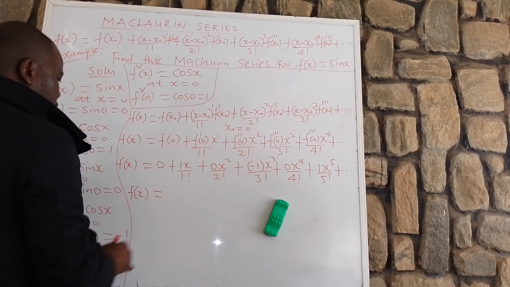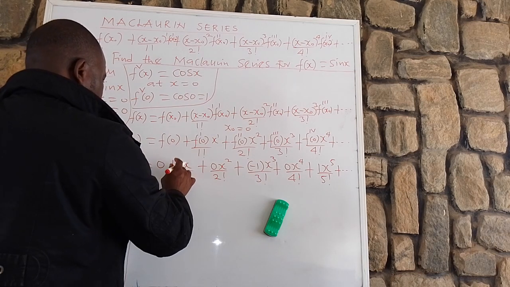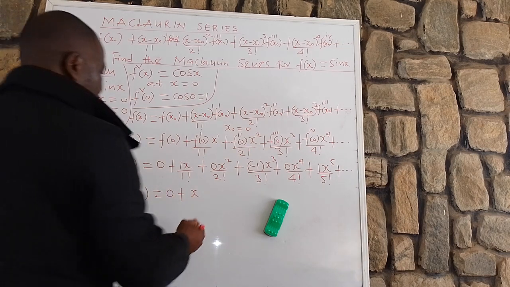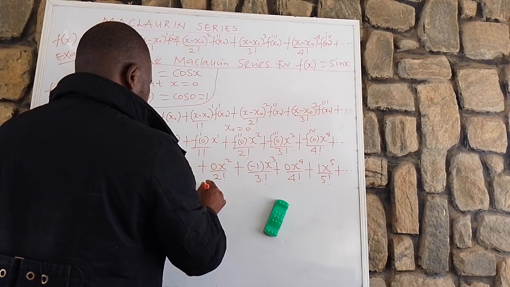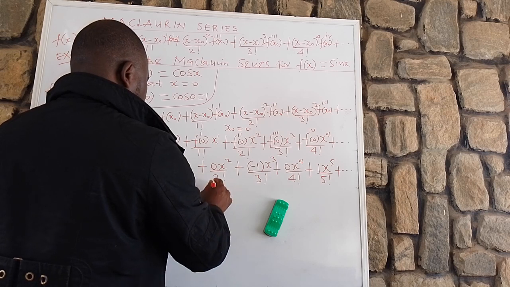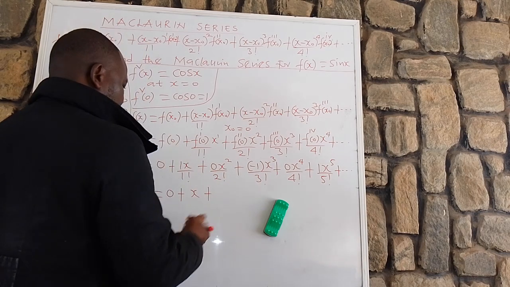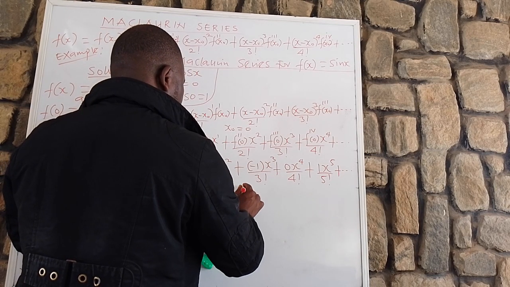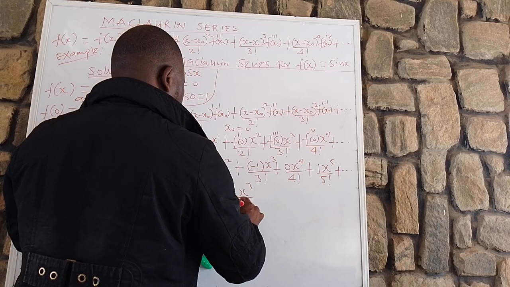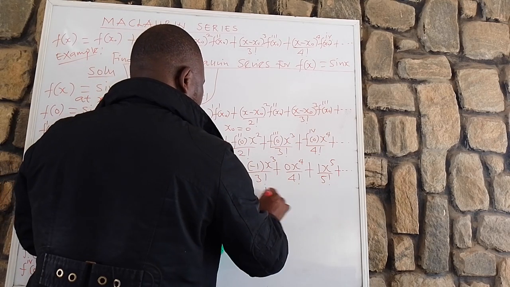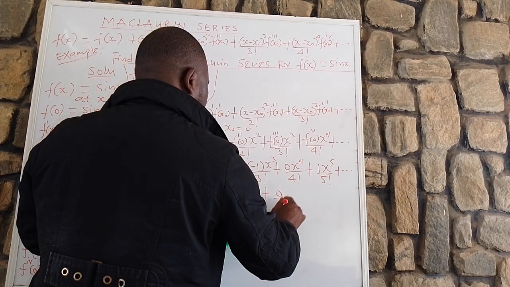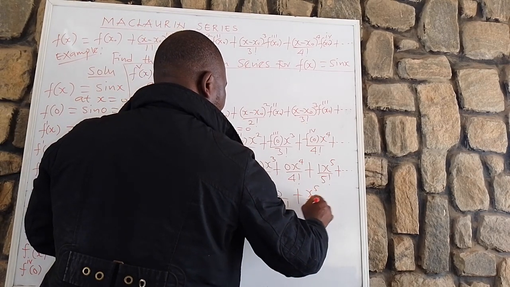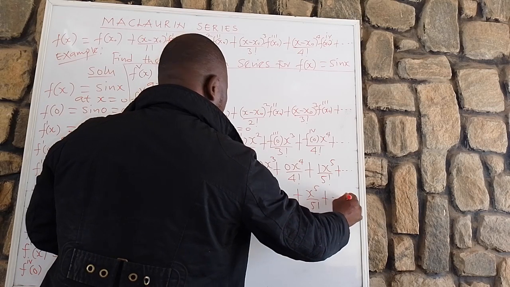So the final answer will now be f of x equals, here will be 0, 1 times x, so x, 1 factorial is 1, then here will be 0, isn't it? 0 divided by 2 is 0, then here will be minus x raised to the power of 3 all over 3 factorial, here will be 0 all over 4 factorial, then here will be x raised to the power of 5 all over 5 factorial plus.